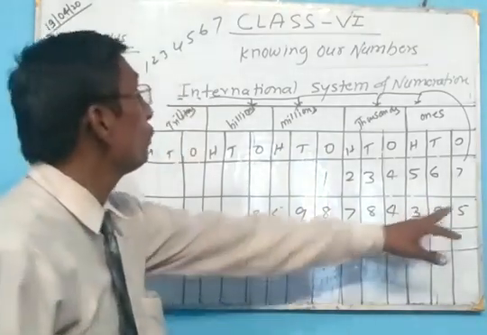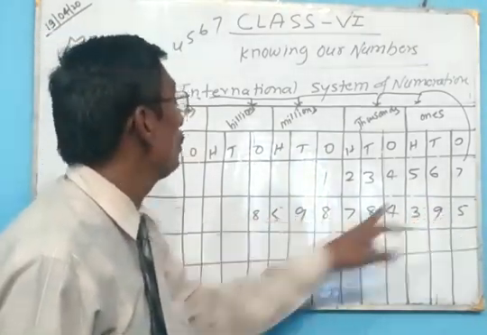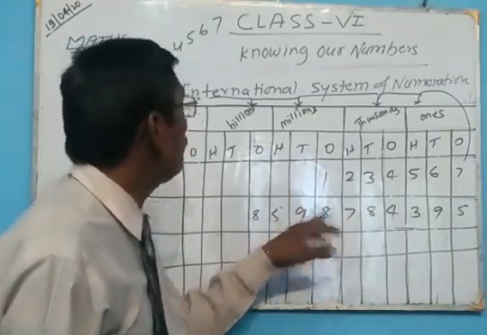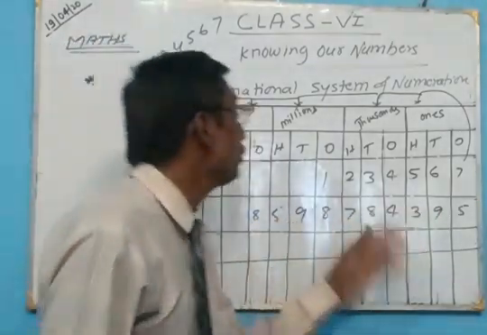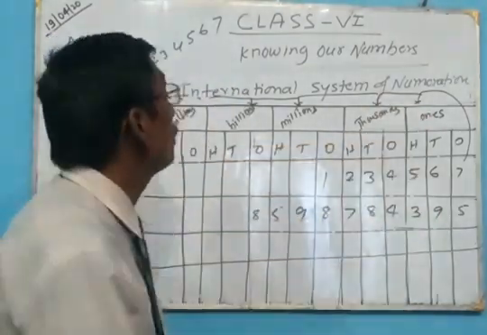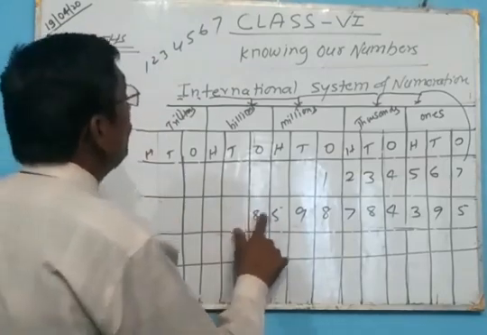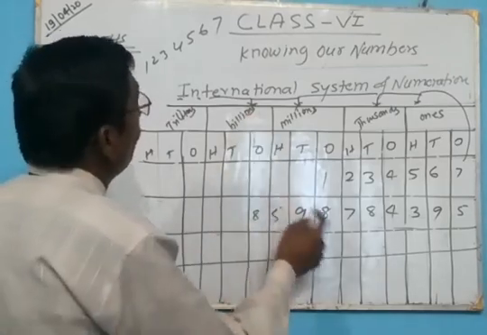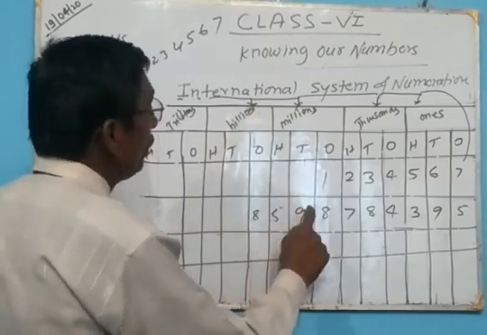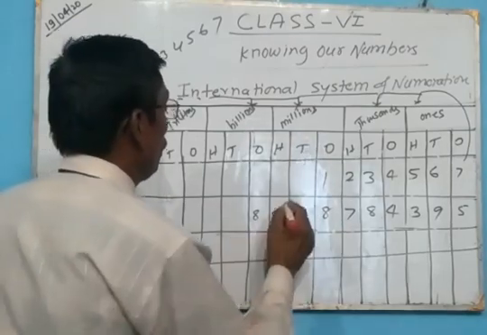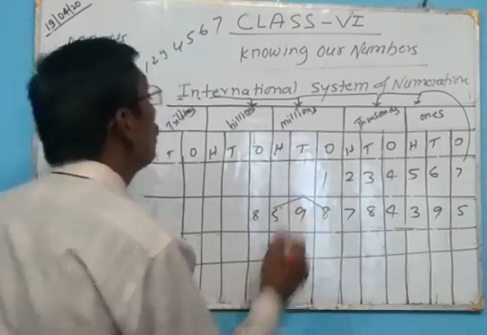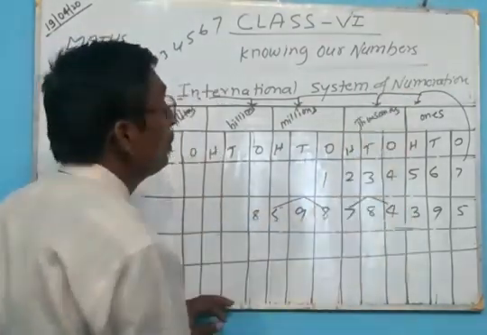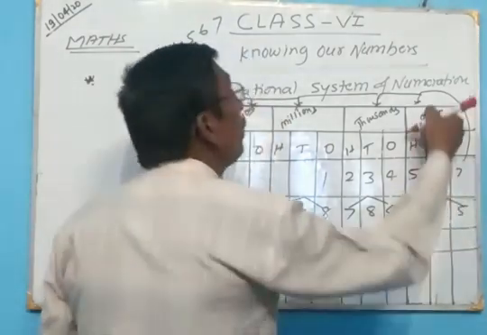So we can say 395, 7084, and 598. So it is the word split, but we have the count like this: 8 billion, 598 million, 784 thousands, and 395 ones.